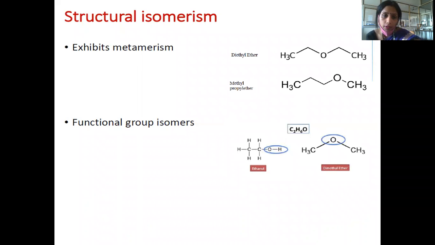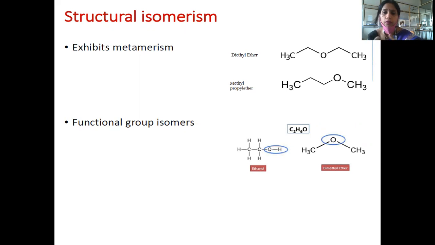Now, if we see the isomerism, yes, there does exist some isomerism in ethers. One is metamerism and the other is functional group isomerism. Metamerism means if there is an ether group or an oxygen atom, then on either side of the oxygen atom, different alkyl groups are present. It could be the same also, and it will be called diethyl ether.